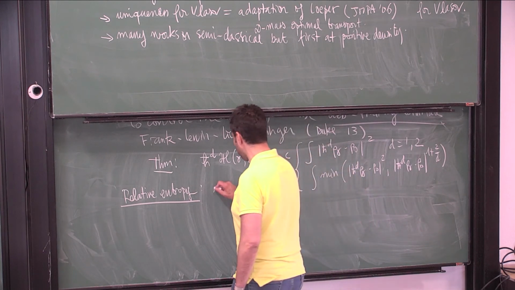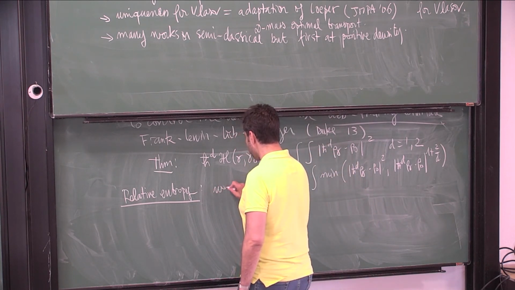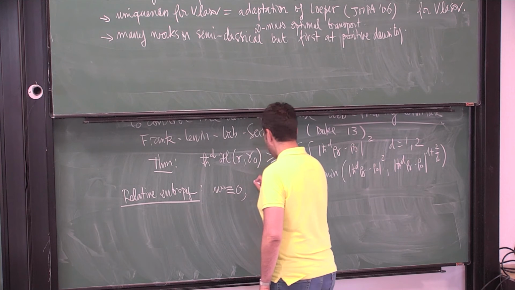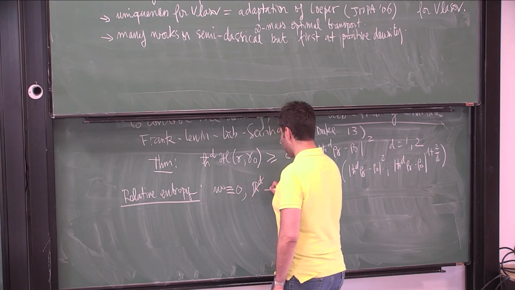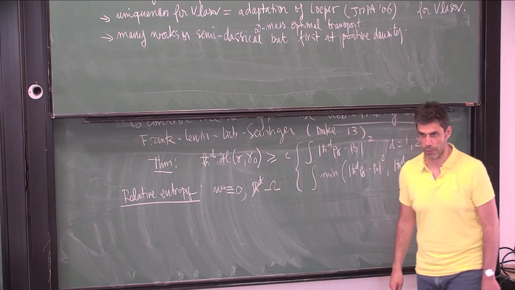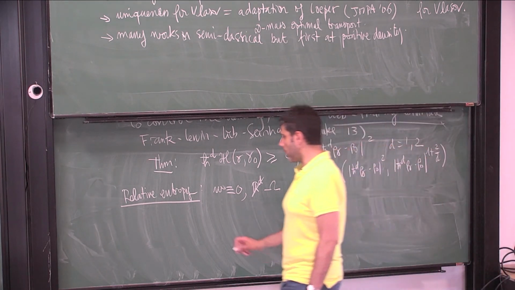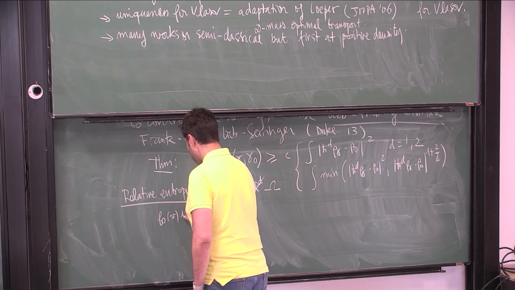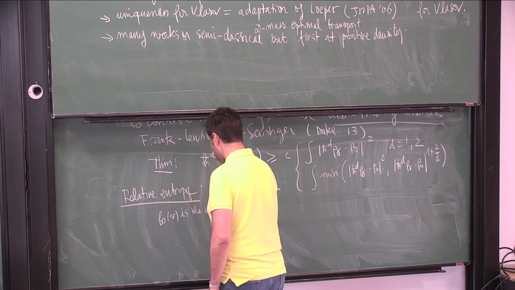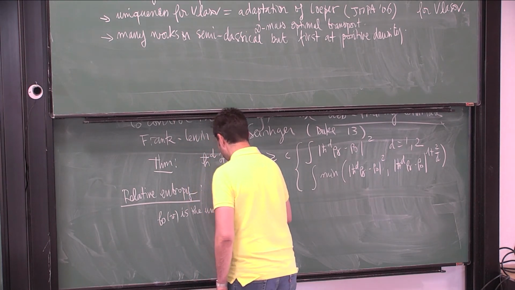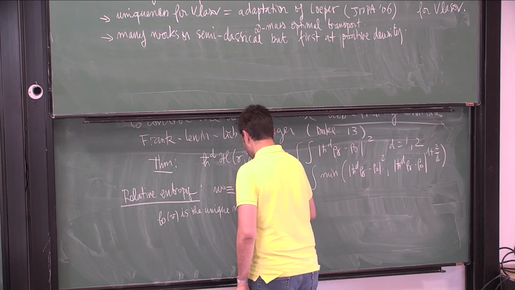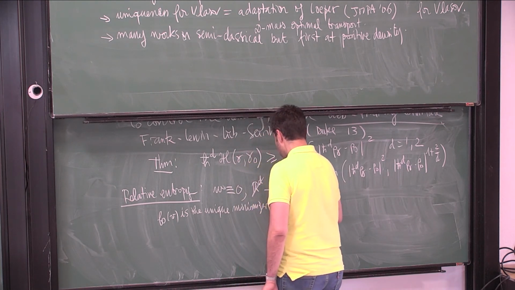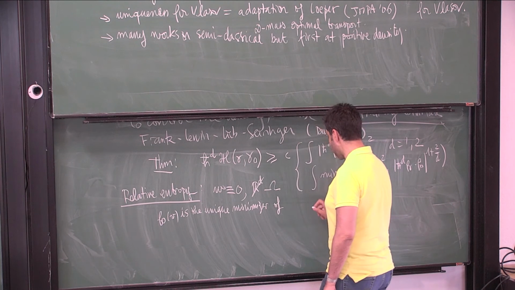So let me start with a case where you do not put any interaction, and maybe you do not work in the whole space just to make sure everything is finite. Okay, then F0, the F0 of V, is the unique minimizer of the free energy, which is the following.